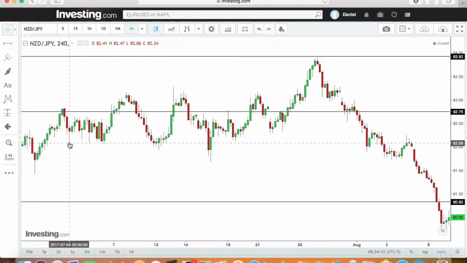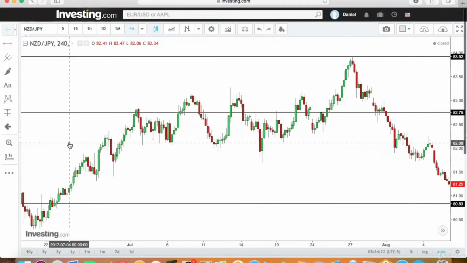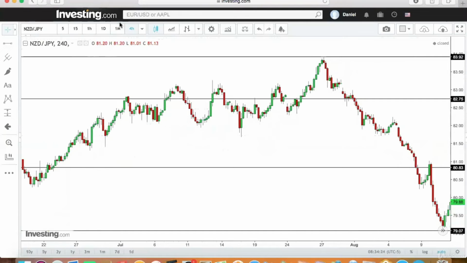what you want to do in these levels is find good support and resistance levels, which we do have here. Since we're on the 4-hour chart, these levels of support would most likely be more detailed on the 1-hour chart.